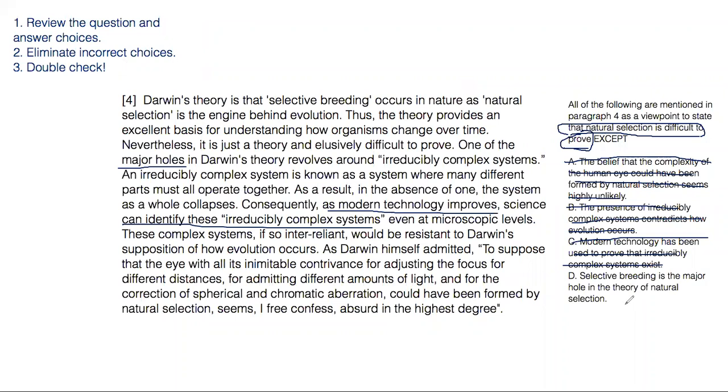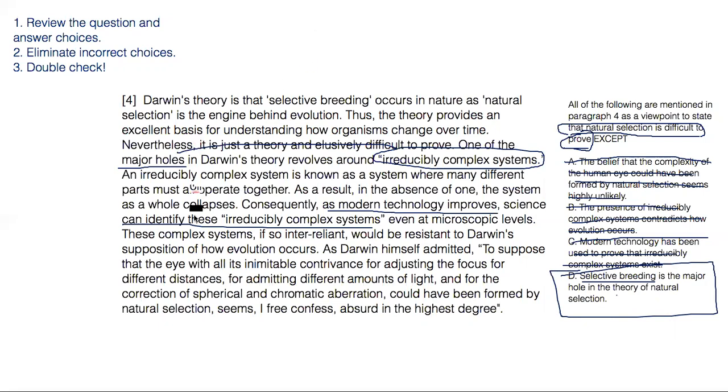If we double check this answer, selective breeding is the major hole in the theory of natural selection, besides which we know that it was not stated in this passage, we also just talked about one of the major holes in Darwin's theory revolves around what? Irreducibly complex systems, not the theory and selective breeding. So by double checking there, we are able to confirm that answer choice D is what we're looking for.